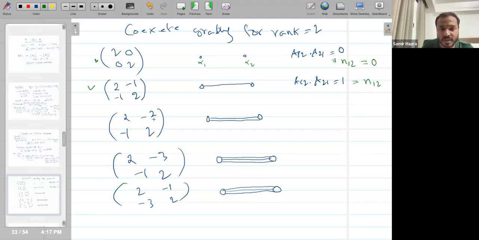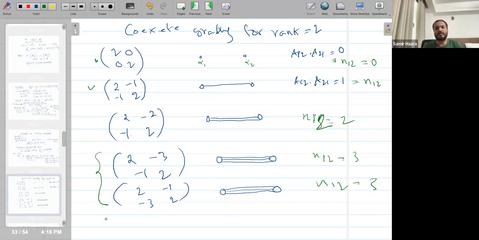Similarly here, this is a12, this is a21. So nij here, in the 2 cross 2 case, is just the product of the off-diagonal entries. So -1 times -2 is 2. Similarly here, -1 times -3, so n12 is 3. And n12 is also 3 for the other matrix, though these are two different matrices. Okay, we have seen that they are not equivalent.